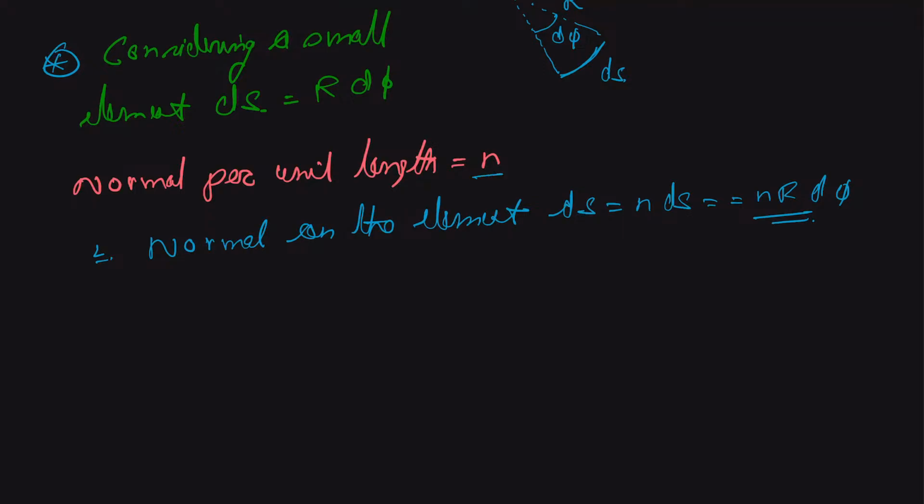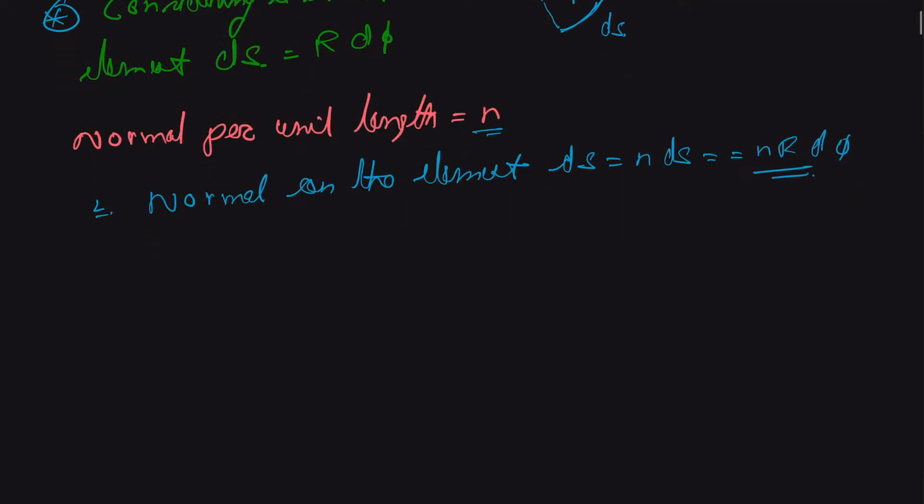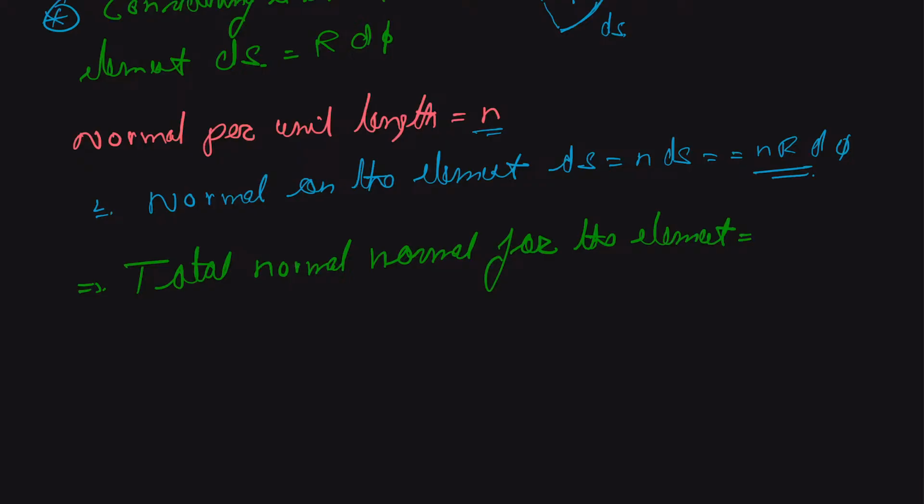And here we have taken this small n as our normal per unit length, and if we consider the total normal for our entire arc, so we can say that total normal for the element, and let us suppose that is a capital N of phi, okay, then this capital N of phi will be equal to our n r d of phi.